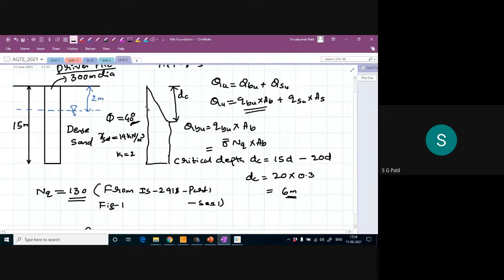Up to 2 meter, the soil will be in dry condition and the soil below will be under saturated condition. So 2 into your dry density. Dry density I will consider as 19, the same as the saturated density. So 19 into 2.